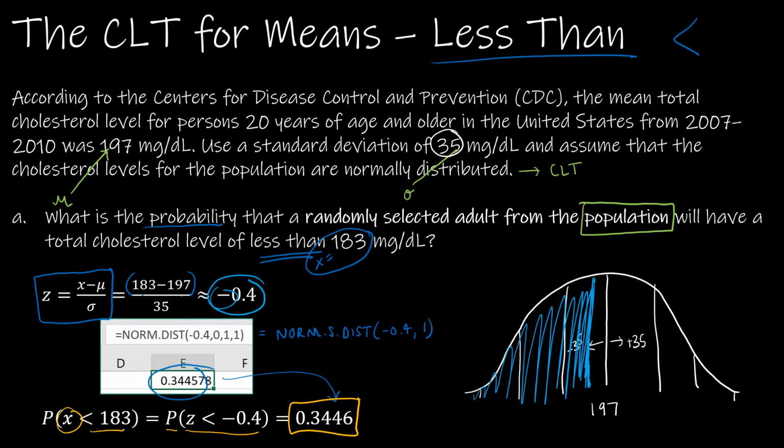Now, that's going to make sense in a second when we look at a sample and how that's going to be very different. So again, before we look at the sample, what does this value mean? That means that the probability that a randomly selected adult, that one adult from the population, will have a cholesterol level of less than 183 is about 34.5%.